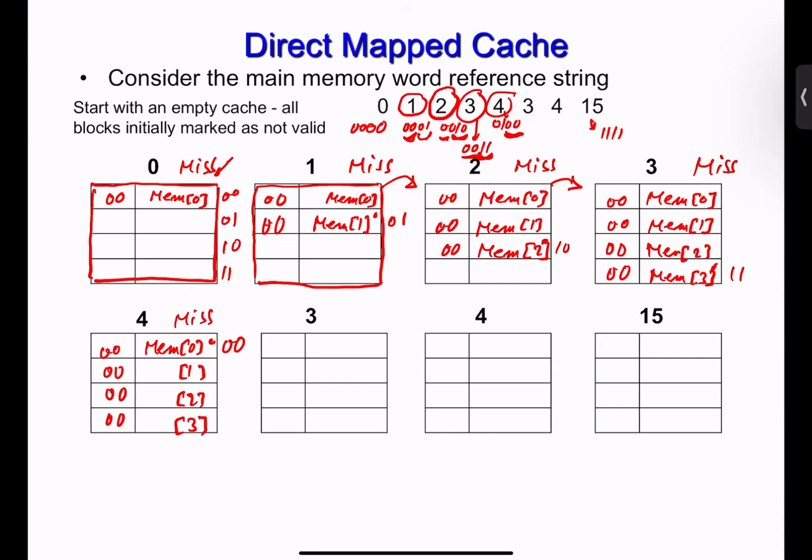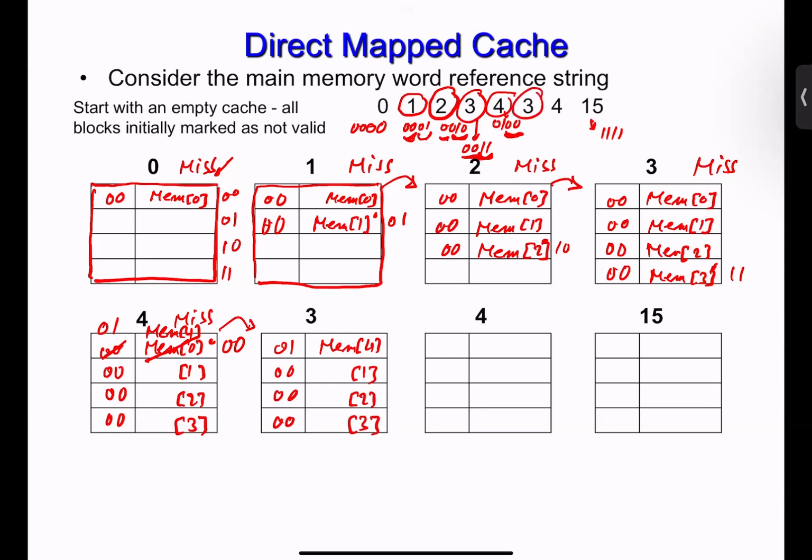What I need to do is remove memory of 0, copy memory of 4 from the main memory, and just overwrite the information that I have here with the new tag. So copy everything that I had here right now. So it is memory of 4, memory of 1, memory of 2, memory of 3, this tag 0, 1, these are 0, 0.